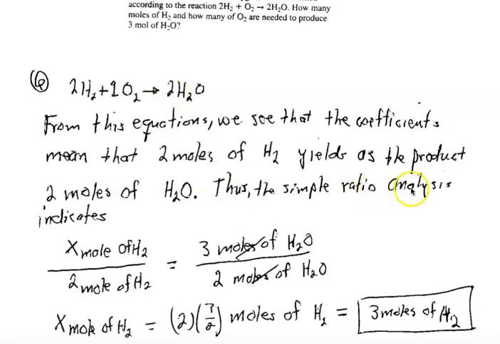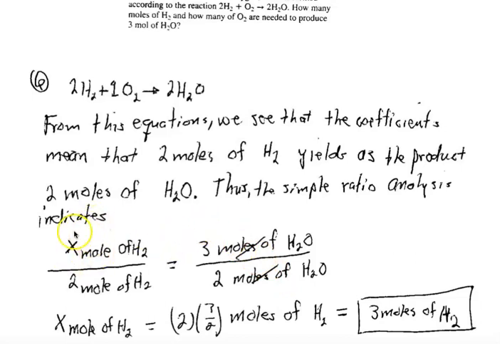Thus, the simple ratio analysis indicates, I'm going to use X for the unknown. So X moles of H2 to 2 moles of H2 will yield 3 moles of H2O compared to 2 moles of H2O.